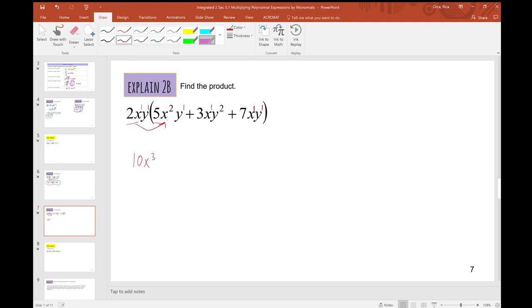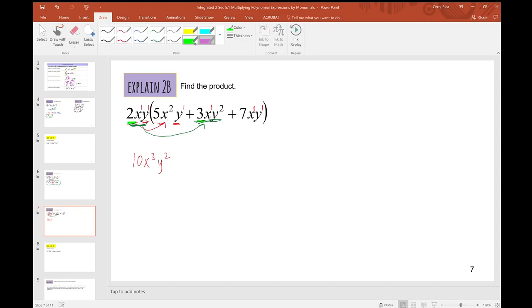So once again, x to the first power times x squared is x to the third. Y to the first power times y to the first power is y squared. Now let's repeat the same steps. We're going to take 2xy and multiply that to 3xy squared.